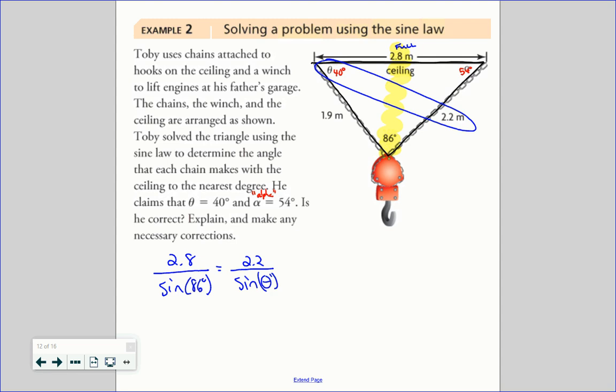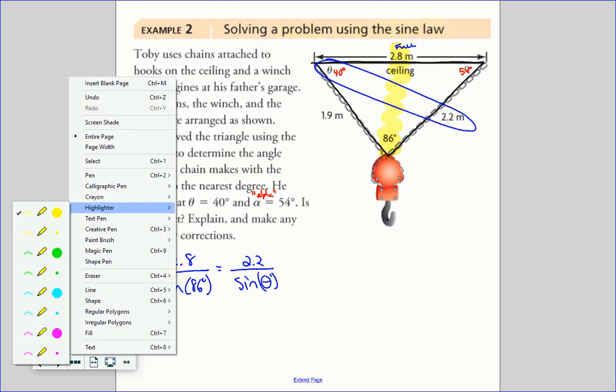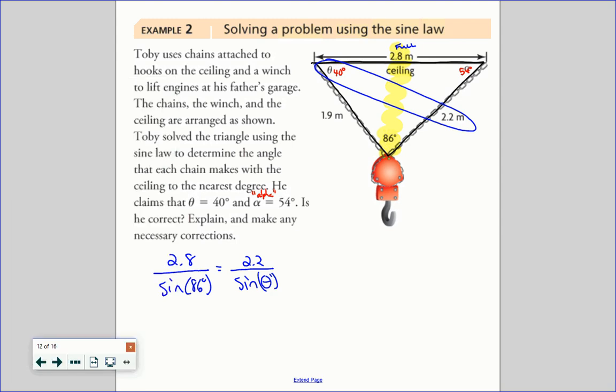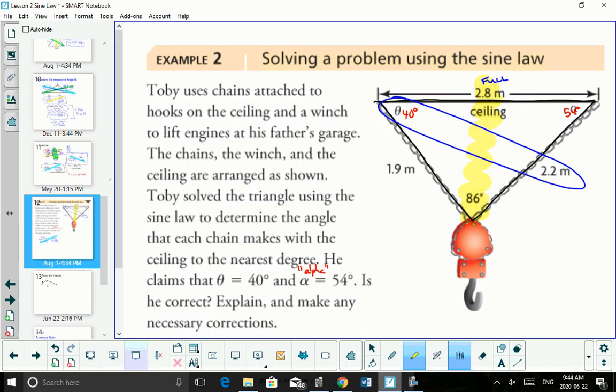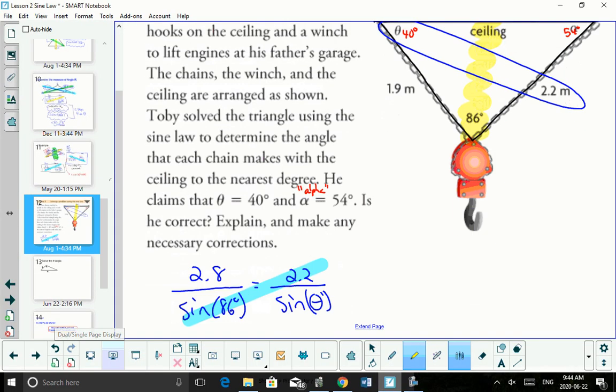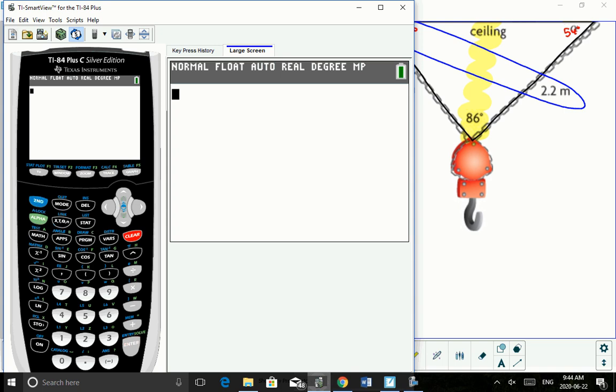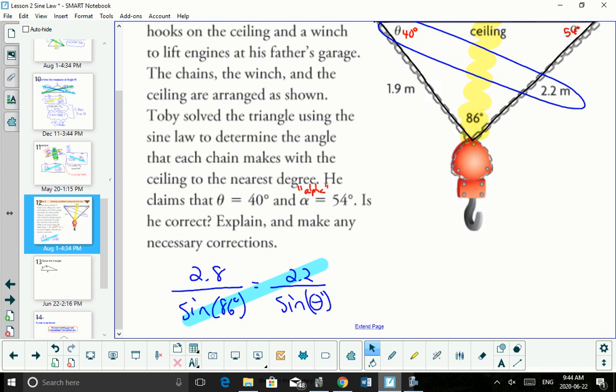So again, cross multiply and divide. My diagonal without the letter is this one. On my calculator, I am going to go 2.2 times sine 86, and then divide by 2.8.